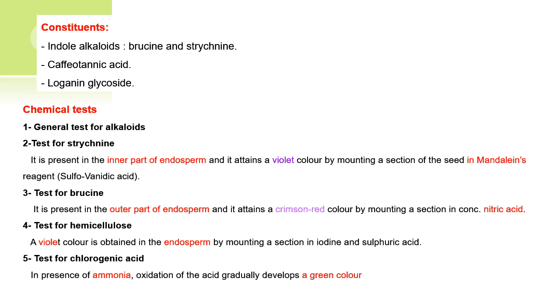are alkaloids belonging to the indole nucleus, mainly brucine and strychnine, in addition to chlorogenic acid and loganin glycoside. Chemical tests for Nux vomica: the general test for alkaloids is to extract the alkaloid with alcohol or acidulated water, then filter. To the filtrate add a few drops of Mayer's reagent.